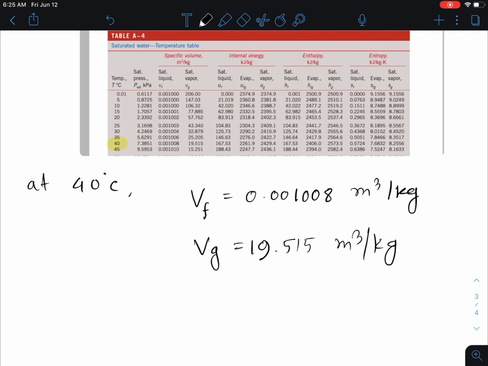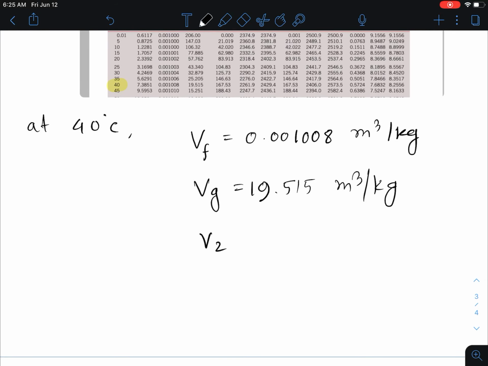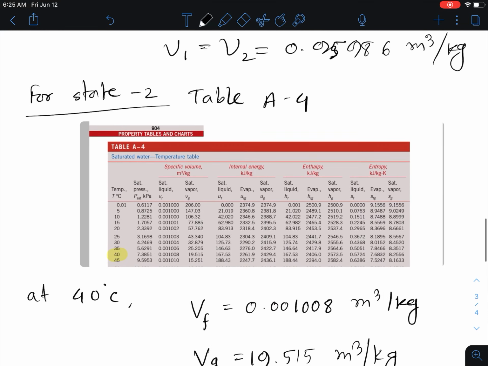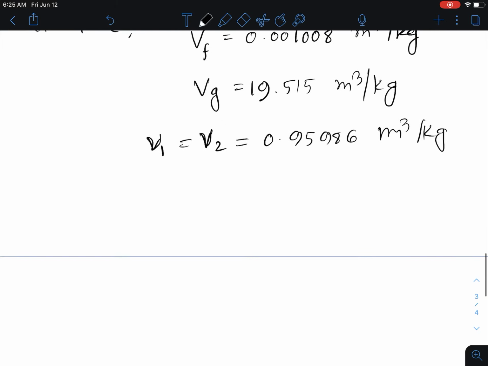Also we got v2 equals v1, the specific volumes are the same, which is 0.95986 meter cube per kg. So we have all this information.